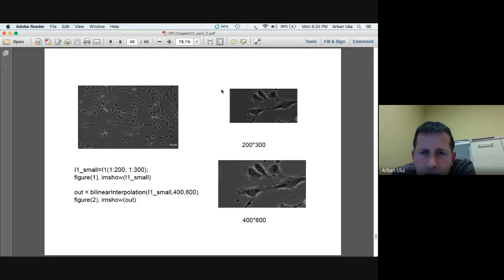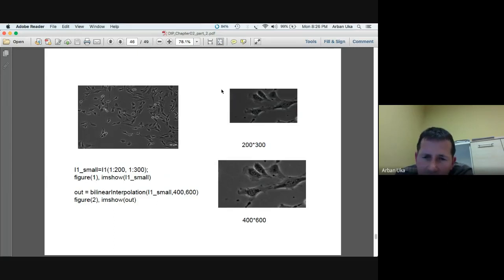But now assume that we want to have a larger image for some reason, where one of the major reasons could be the following. For example, if we want to count these objects or these structures that we observe here, some neural networks perform very well. Some don't. There are also some convolutional neural networks that perform better on larger objects than smaller objects.